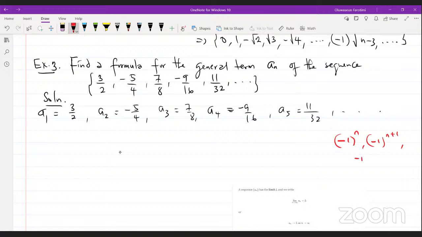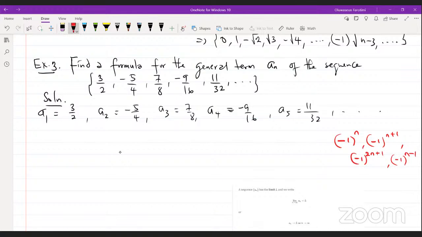It could be negative 1 to the power of 2n? No, 2n is going to make it strictly positive for all times, so it's not going to be 2n. But you can have 2n plus 1. You could have negative 1 to the n minus 1.